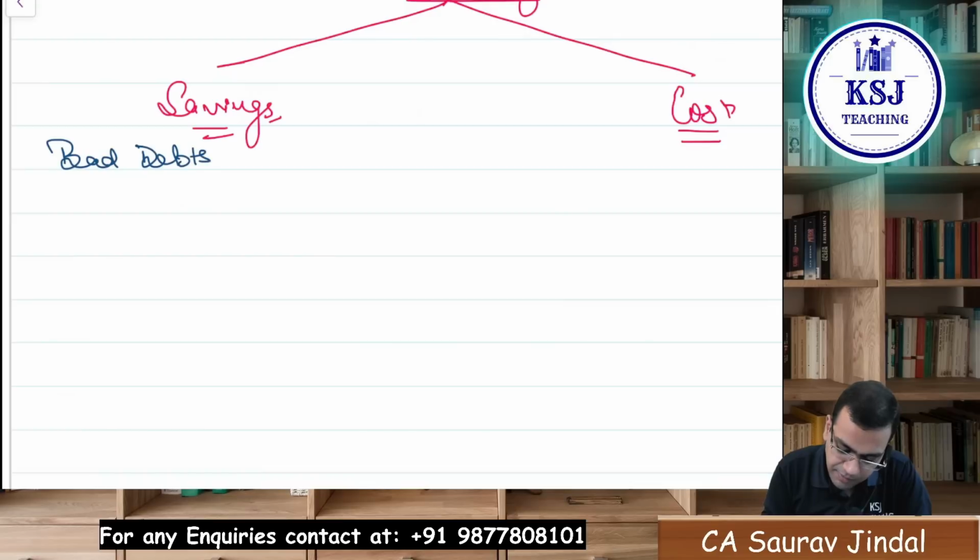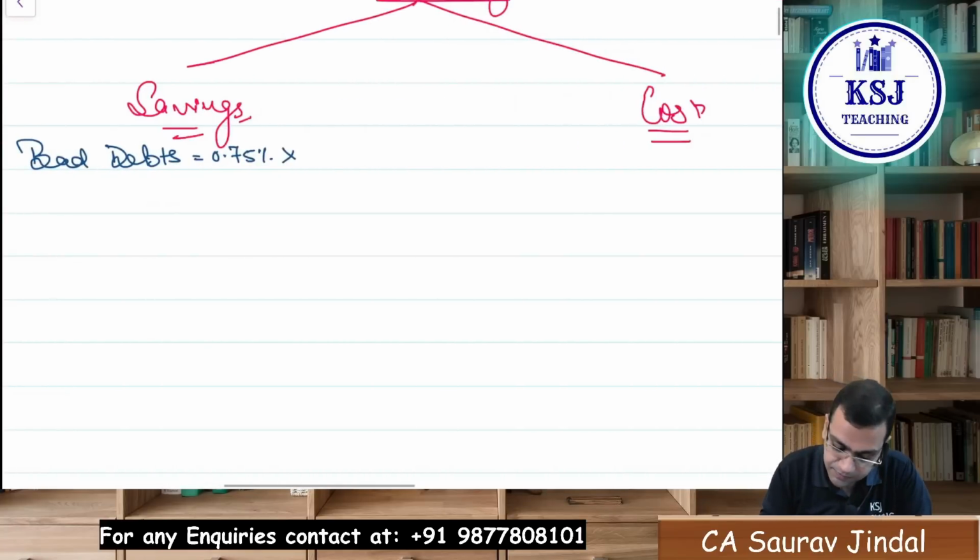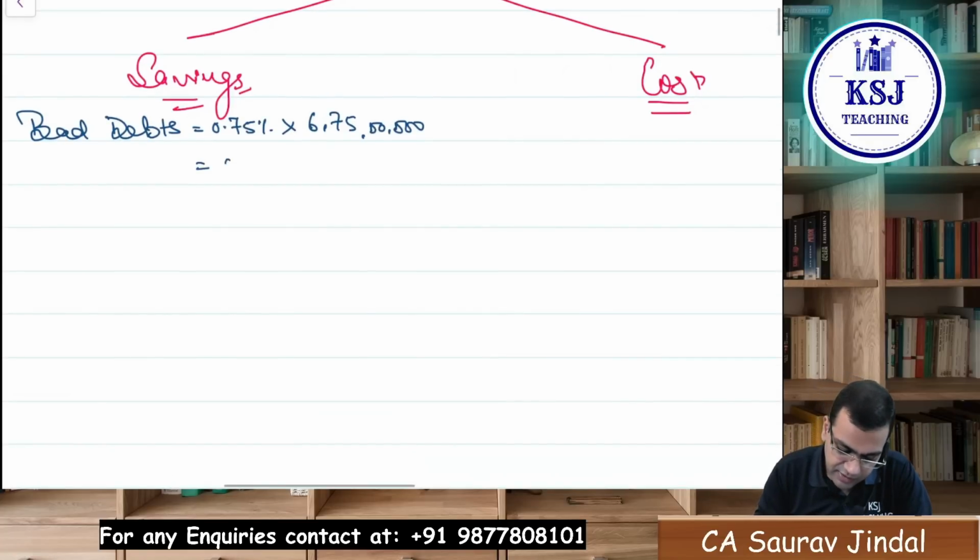So how much of the bad debts are you going to save? The bad debts will be 0.75% of the credit sale. Credit sale is 6 crore 75 lakhs. You have to be careful. So 6 crore 75 lakhs, 0.75%, that comes to 5 lakh 6,250.